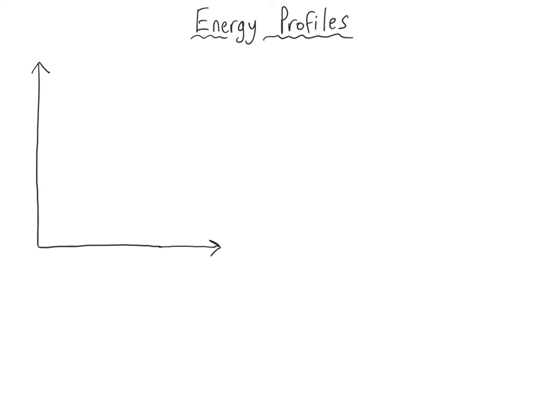To explore catalysts in greater depth, we need to look at something called energy profiles. Now, an energy profile looks like a graph. We've got energy on the y-axis and time on the x-axis, although sometimes it might be written as progress of the reaction. Because what our energy profile does is show us how much energy the reactants have at the beginning, and how much energy our products have at the end.